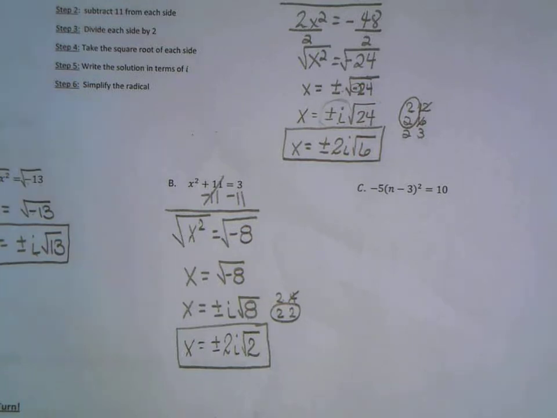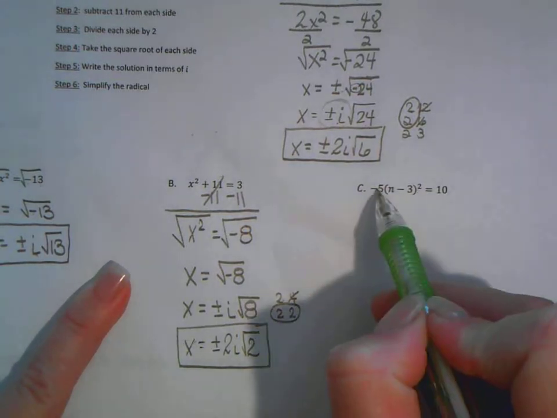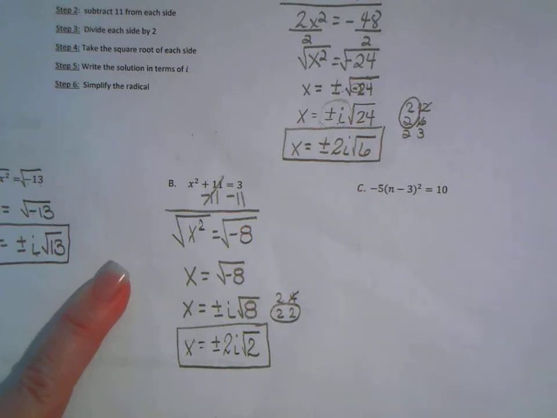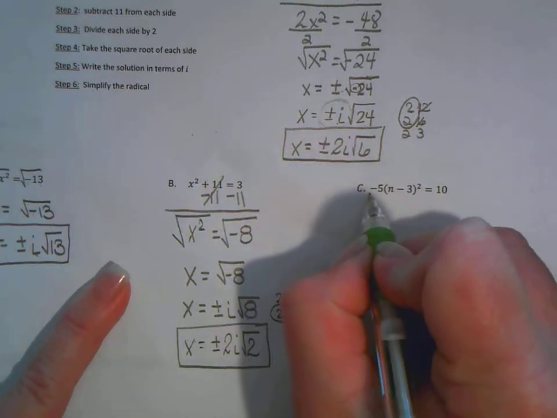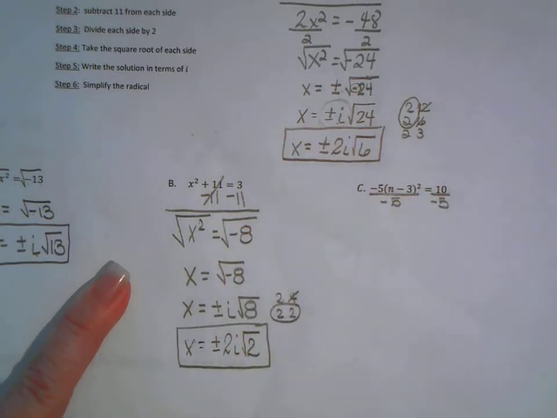Okay. This one's a little bit different. It actually has parentheses in it, but we learned in 1.5 that you can take the square root of the parentheses because this square is on the entire parentheses, so taking the square root of the parentheses will just eliminate the square. So the first thing you're going to do is divide by negative 5.